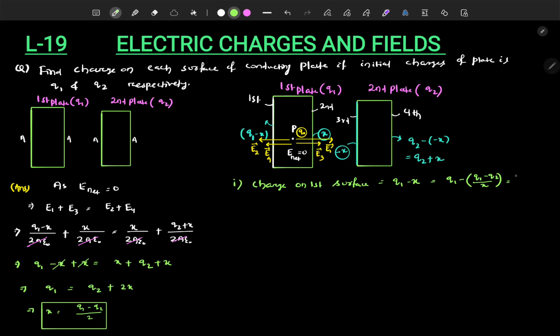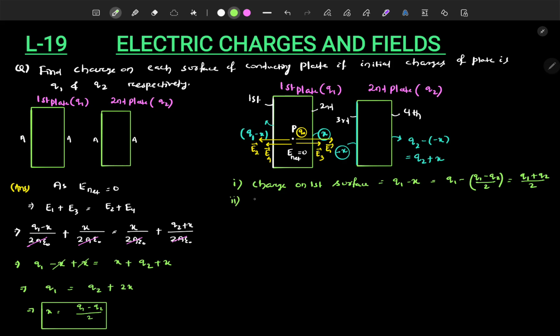After solving you will get Q1 minus (Q1 minus Q2) by 2, which is (Q1 plus Q2) divided by 2. So this is the charge on the first surface.